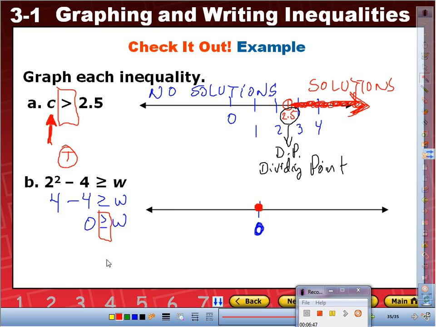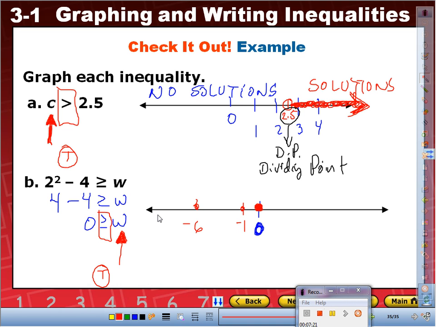Okay? So now, think about it. What number can I substitute in here that would make this true? 0 is greater than what number? Think about it. You have your number? Okay, share it with your neighbor. All right, so 0 is greater than, somebody said -1. Somebody said -6.